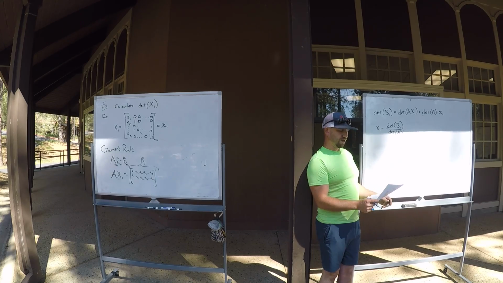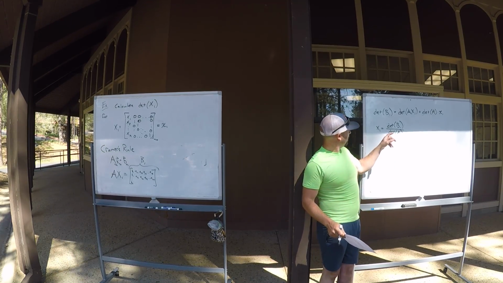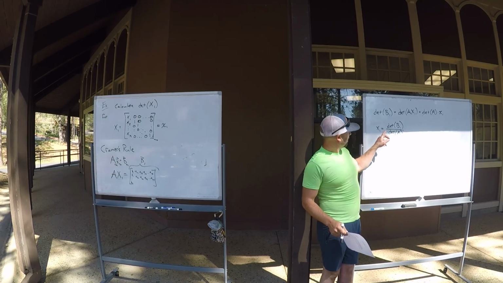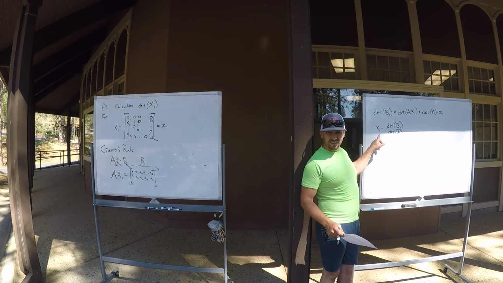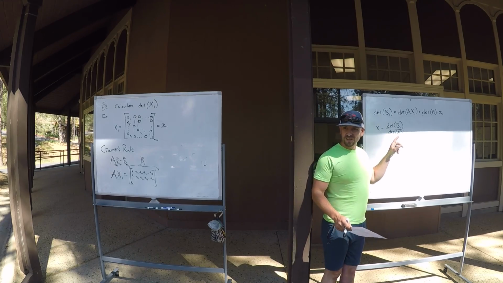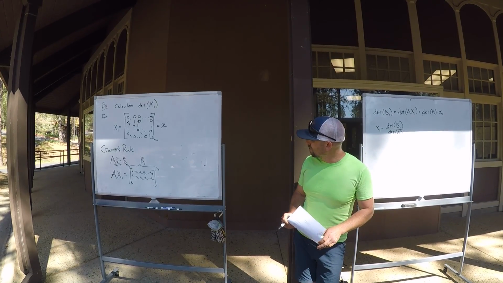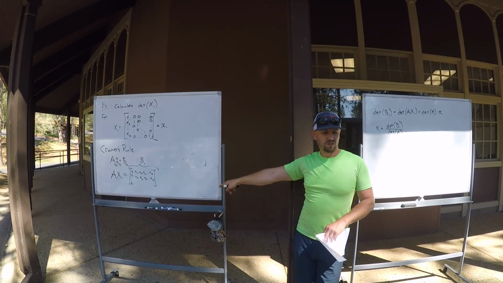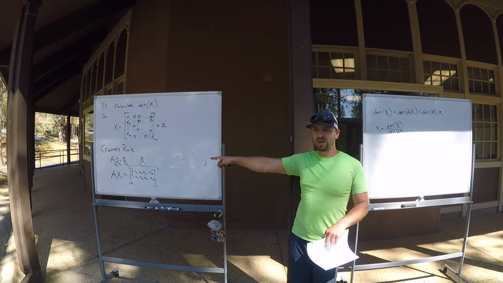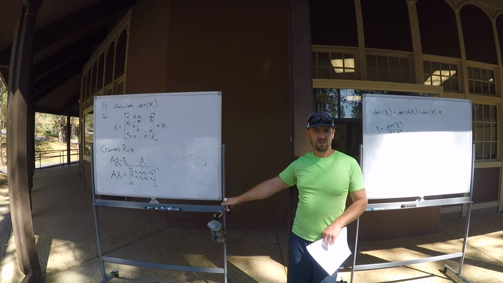What's really cool is none of this particularly depended on me doing x1. If I was to do this over again, I could do this for x2, and then I could do it for x3. And in fact, we could do this for x whatever.